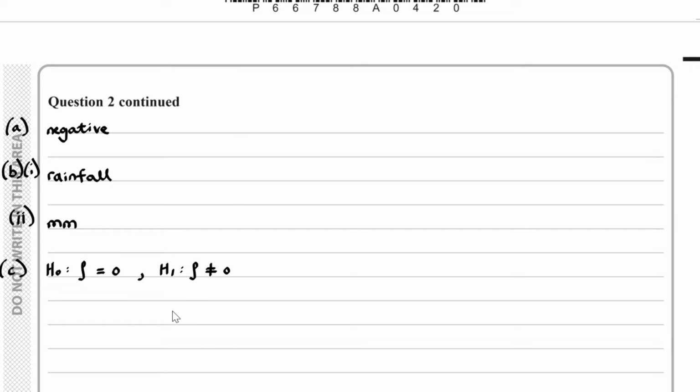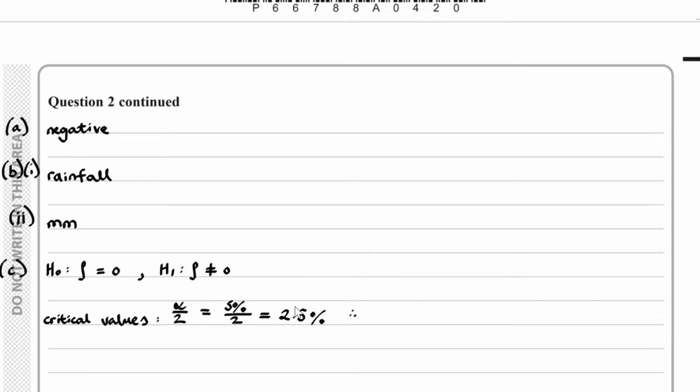And when we come to find out our critical values, we're testing at the 5% level of significance. So on either side of the tail, we will be looking for alpha over 2. So here we have 5% over 2, which is 2.5%.